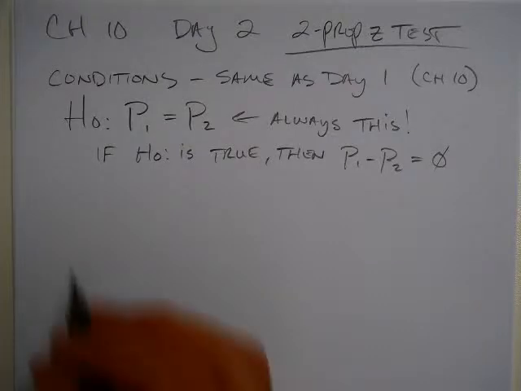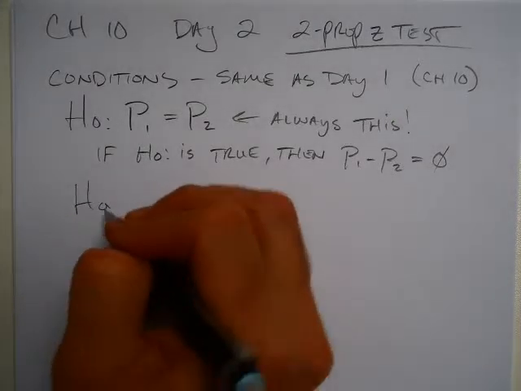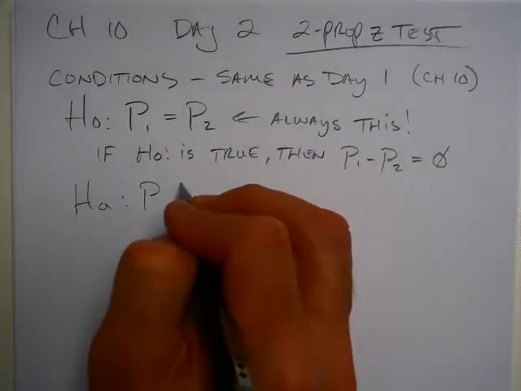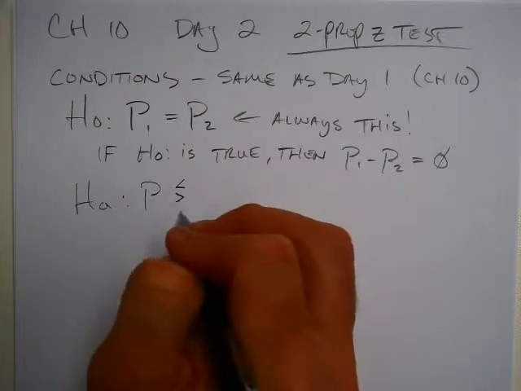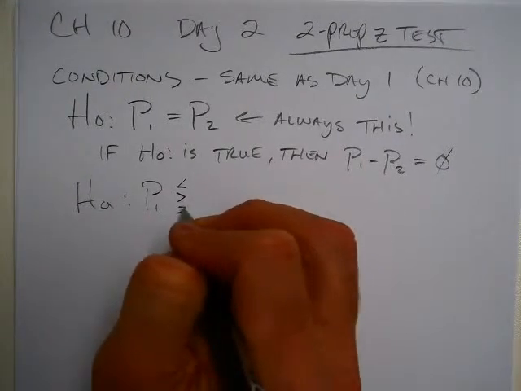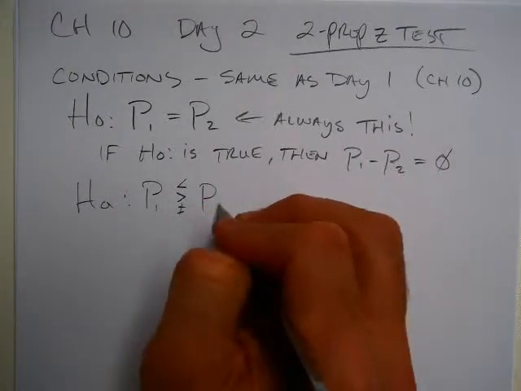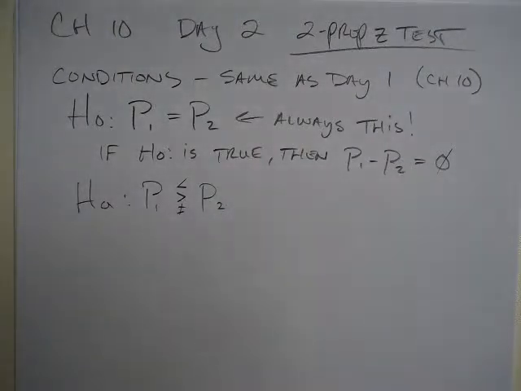The alternative is simply going to be something like P1 is less than, greater than, or not equal to P2, one of those three. And whatever that is, if you're not sure, it's not equal to. If you think you have some idea one way or the other, you go with one of those others.